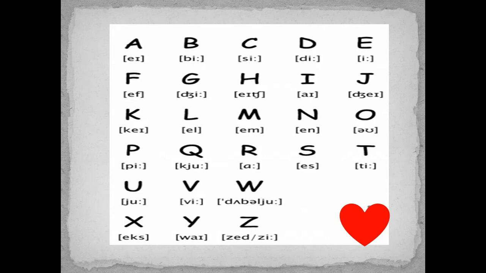Here's another correct pronunciation, H, but almost every time we pronounce it incorrectly. Another problematic letter is I, but almost everybody pronounces it incorrectly. Here is another, J, but almost everybody pronounces it incorrectly. No, it should be pronounced correctly.